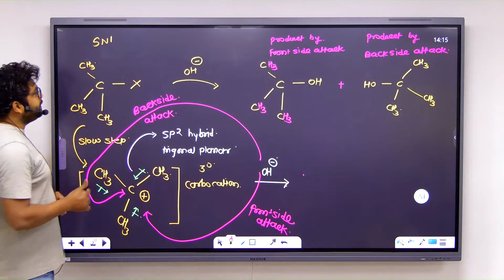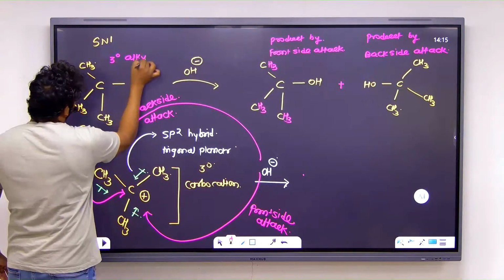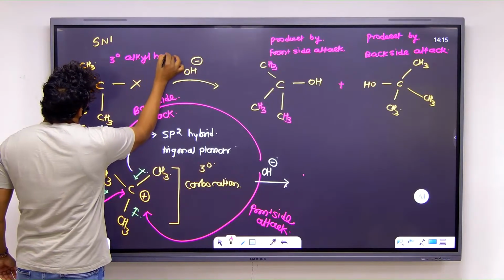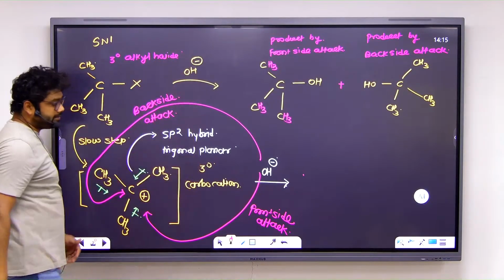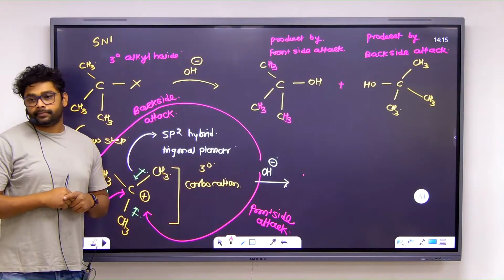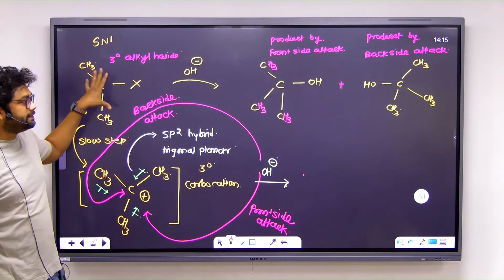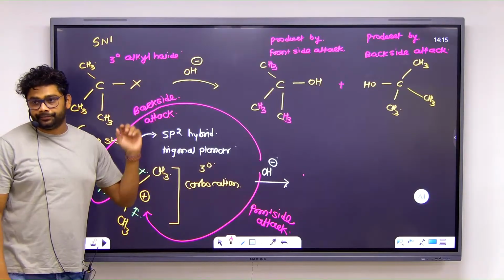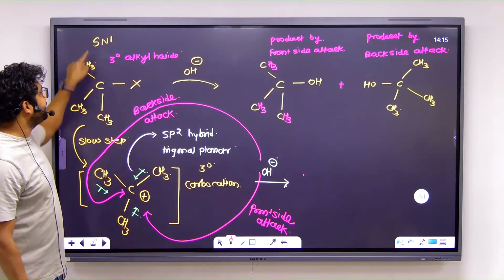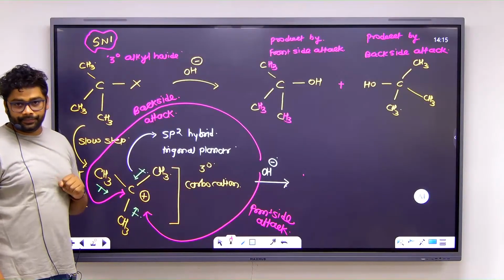This tertiary alkyl halide is willing to form a tertiary carbocation. And that's why tertiary alkyl halides are most effective in this type of mechanism called the SN1 mechanism.